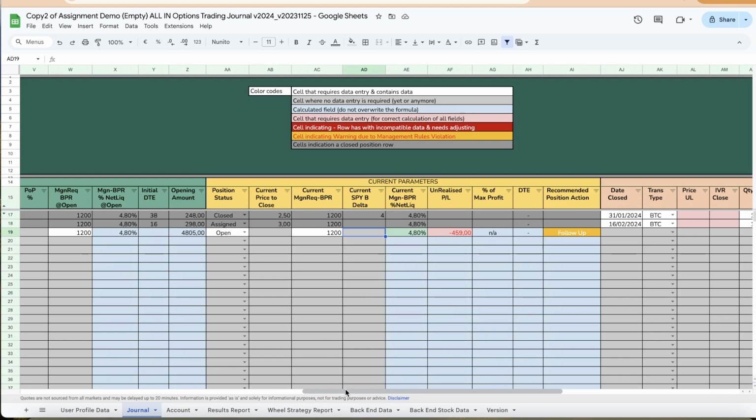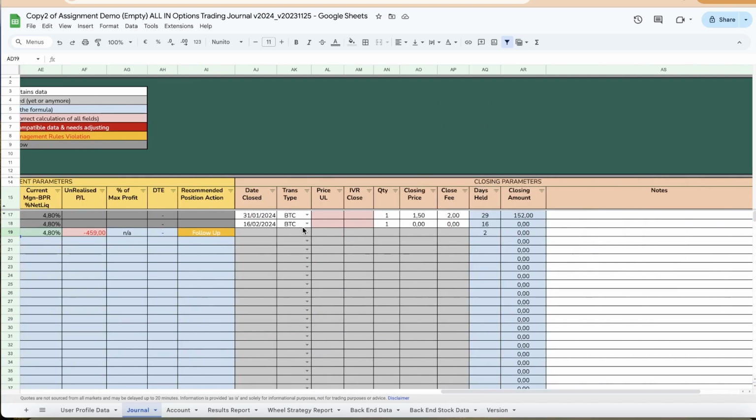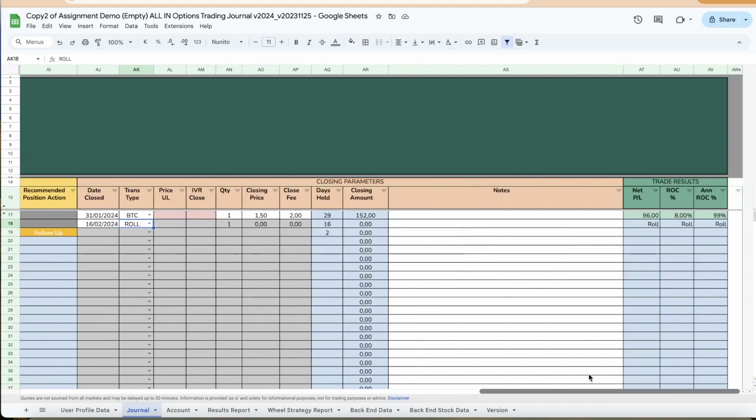So what is the second possibility for entering that into the spreadsheet and being more realistic in showing the P&L? Instead of closing it here as a buy to close action, you could also make it a roll. What we do here is consider that you roll from a cash secured put open position into the shares. As you know, if you know a little bit how my spreadsheet works, a rolling position doesn't take into account any trade results.